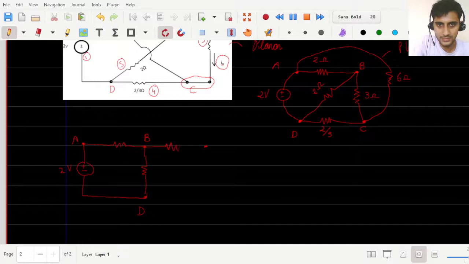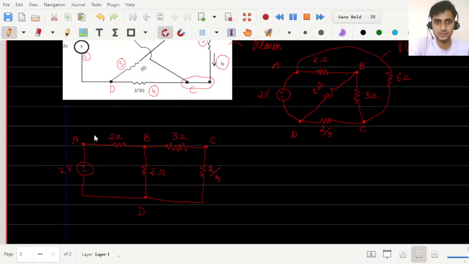Between B and C we have a 3 ohm resistance. Between A and B we have a 2 ohm resistance. Between B and D we have a 2 ohm resistance. This is point C, right? Between C and D, we have a resistance of value 2 by 3 ohms. And between A and C, we have a resistance of value 6 ohms. Fine.